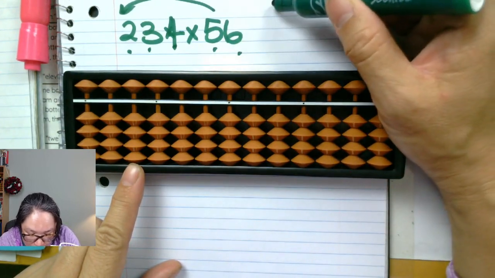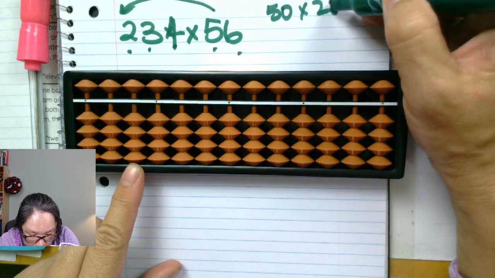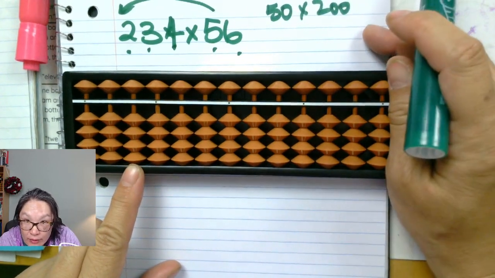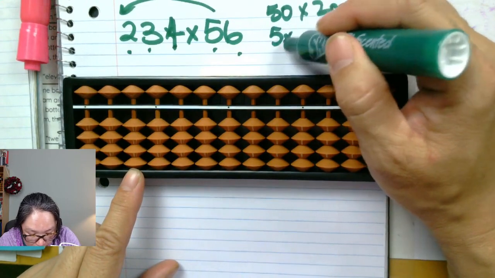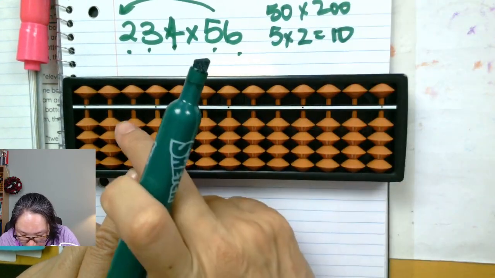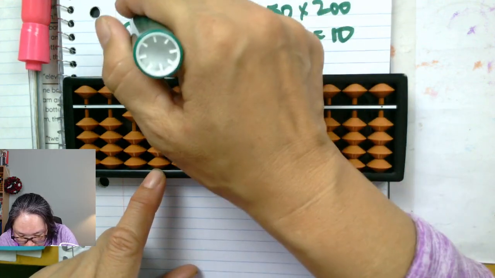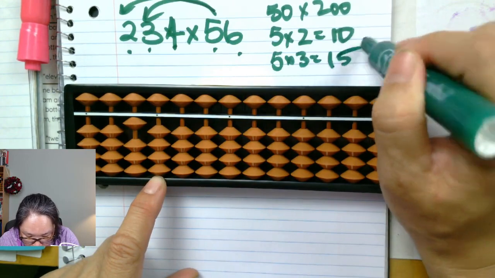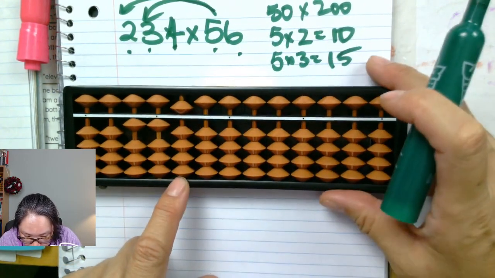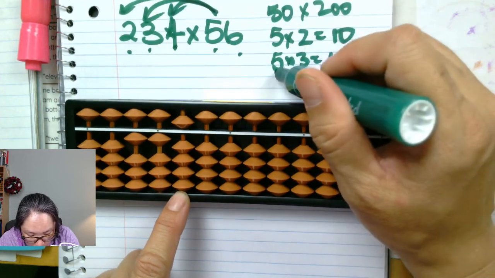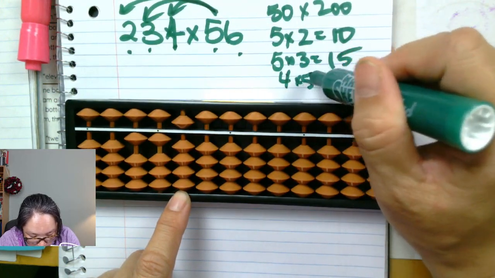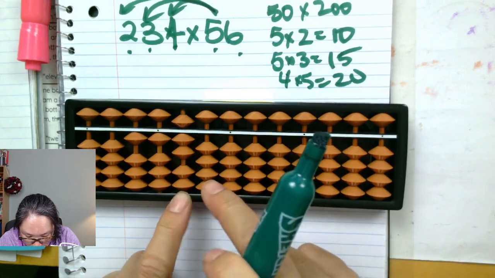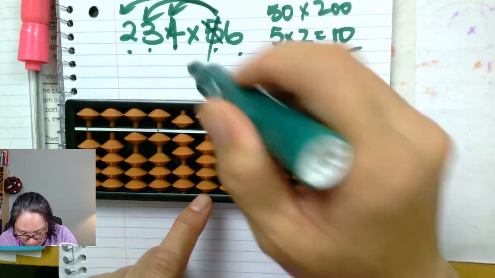In new math, they do 50 times 200. But we don't need to do that. We just need to do 5 times 2 is equal to 10. Add 1, add 0. 5 times 3 is 15. 1, 5. 5 times 4 is equal to 20. Add 2, add 0. I'm done with this.